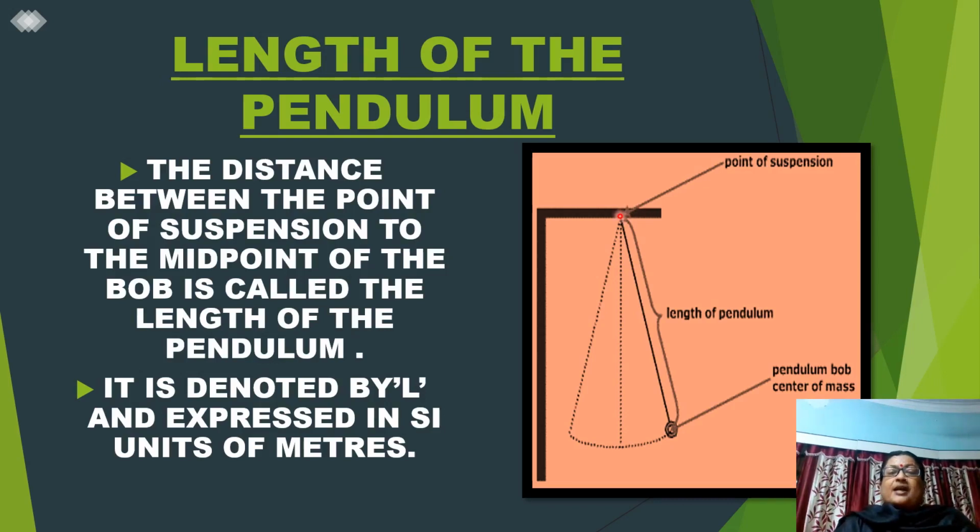The measurement starts from here and goes straight up to the middle of the metal bob. Again, I will repeat, from the point of suspension to the center of the metal bob is known as the length of the pendulum, denoted by capital L and expressed in the SI unit of meters.